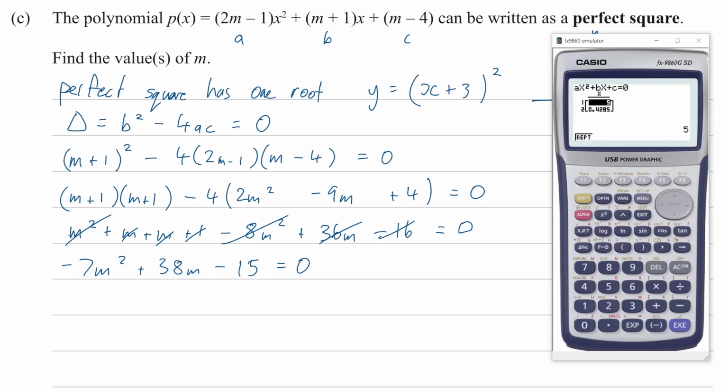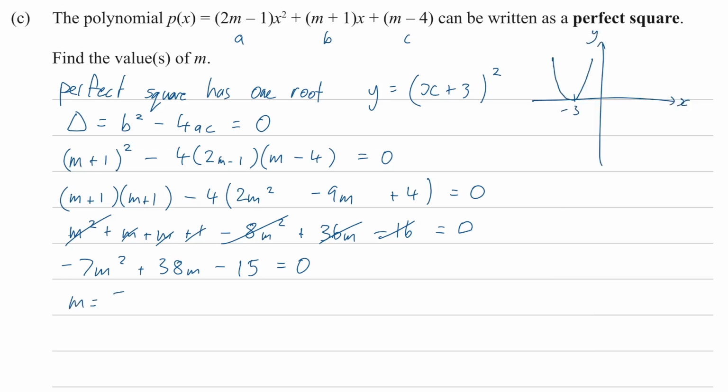And we can hit solve, and we get m equals 5, or 3 over 7. All right, so we got two solutions for m. Makes sense, we did have a quadratic that we were solving, this one here. But which one makes sense? Or do both? So let's have a think.